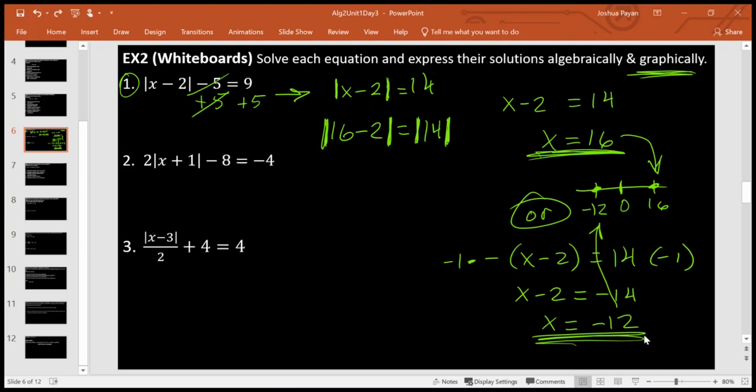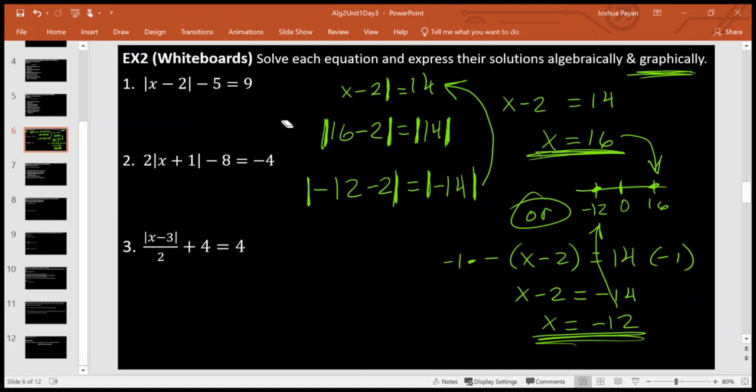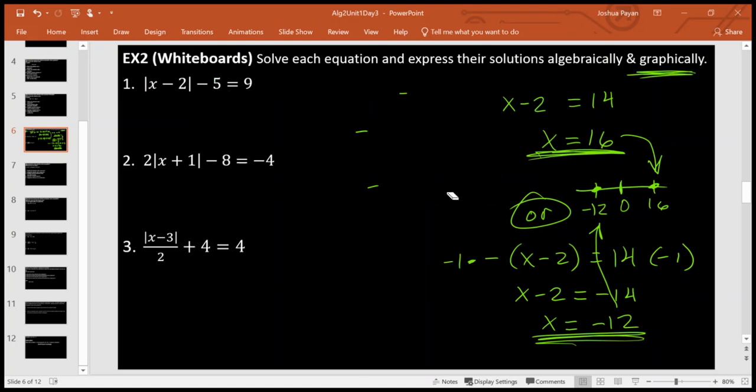Or if I do negative 12 minus 2's absolute value, that's going to be the absolute value of negative 14, which I know also has a magnitude of just 14. So we see that both of those are correct. So let's move on to the next example for this video.